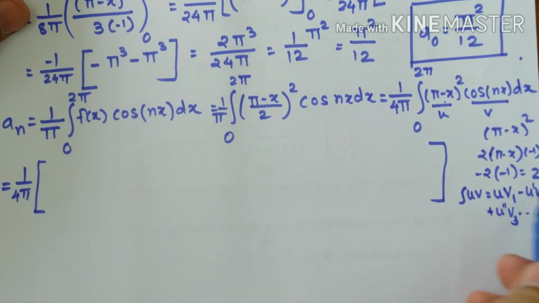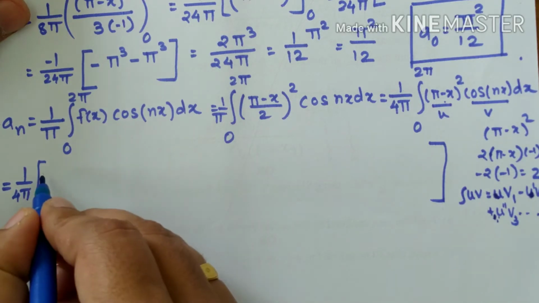It is alternate plus minus terms. If you just have a look, in the first term u as it is, in the second term the derivative of u, in the third term the derivative of u dash, that is u double dash, and so on. This process of u dash, u double dash is continued until we get a vanished term, that is a 0.